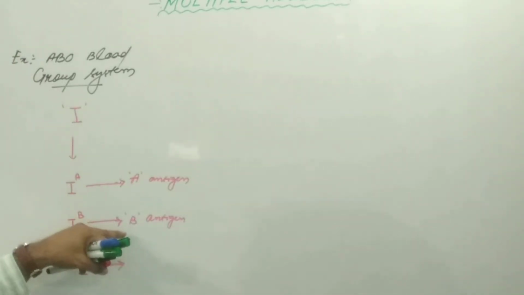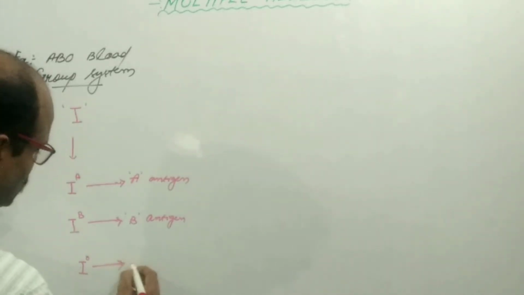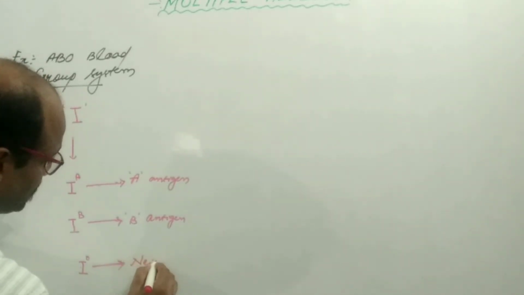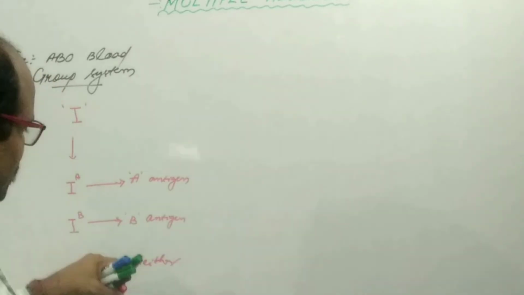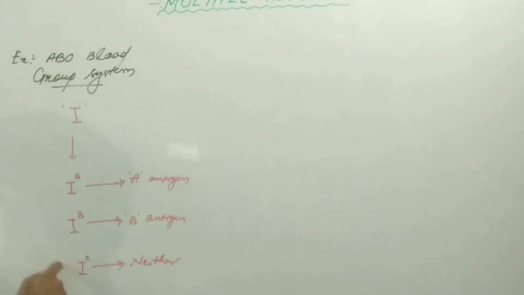Neither A nor B types of antigen are formed on the surface of RBC. That's why I am writing here neither. So these are the different allelic forms. Now it is known as the allelic series, or series of alleles, of the ABO blood group system or the gene capital I.